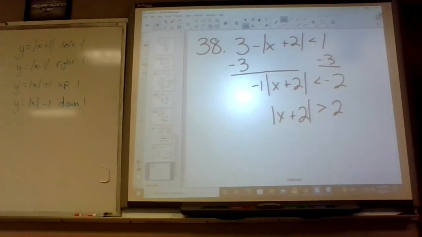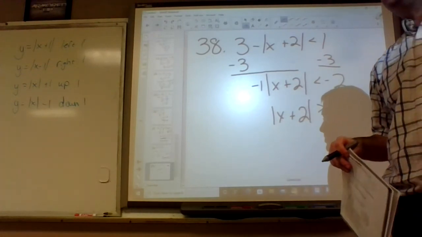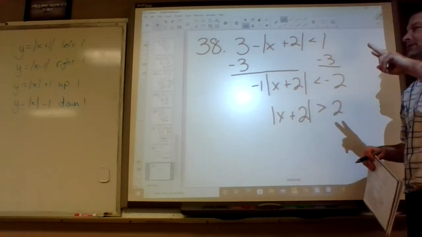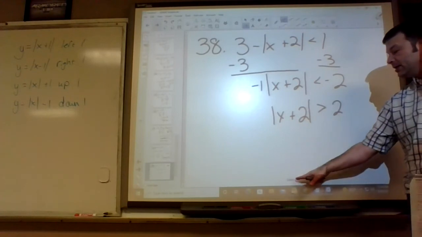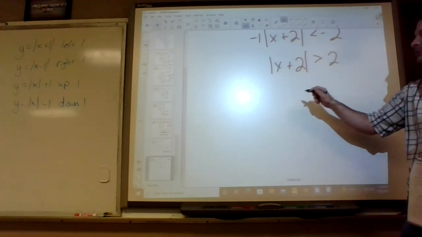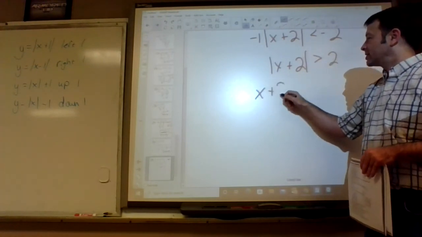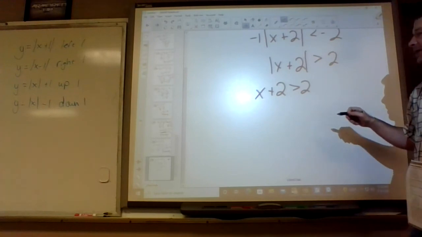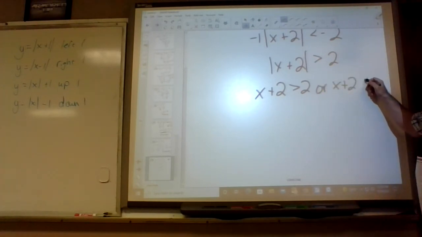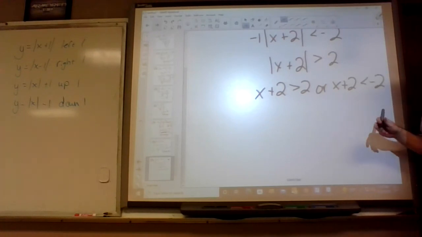So we got 3 kinds of problems. We got absolute value equals, absolute value is less than, that's what we did on 36, and absolute value greater than. The absolute value greater than problems set up pretty much the same as equals, almost. So x plus 2 is greater than 2, or x plus 2 is less than negative 2.